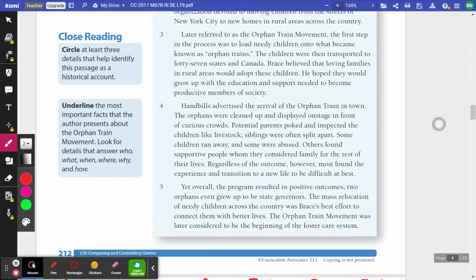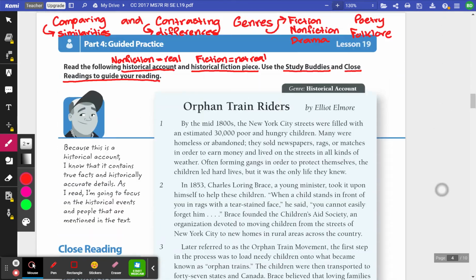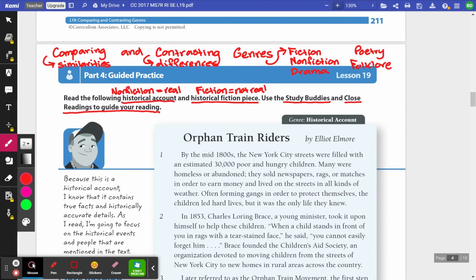So, on page 212, the first text that we have to look at is our historical account. We've been talking about historical accounts all week, but let's take a minute to refresh ourselves on some of those things that make a historical account nonfiction. We know, like I've just said, a historical account is nonfiction, which means that it is real.